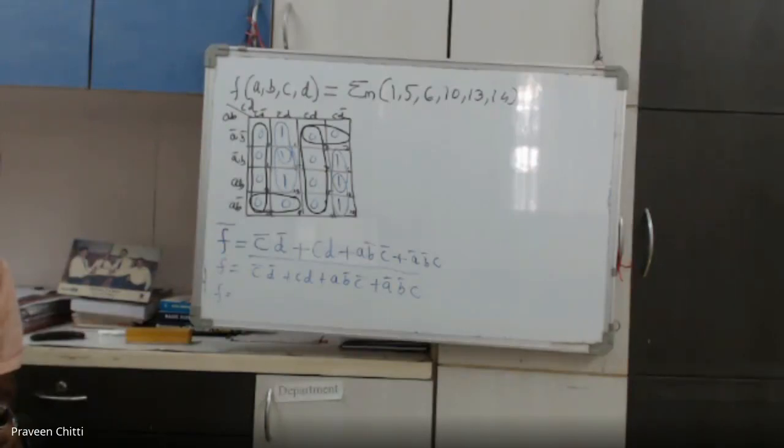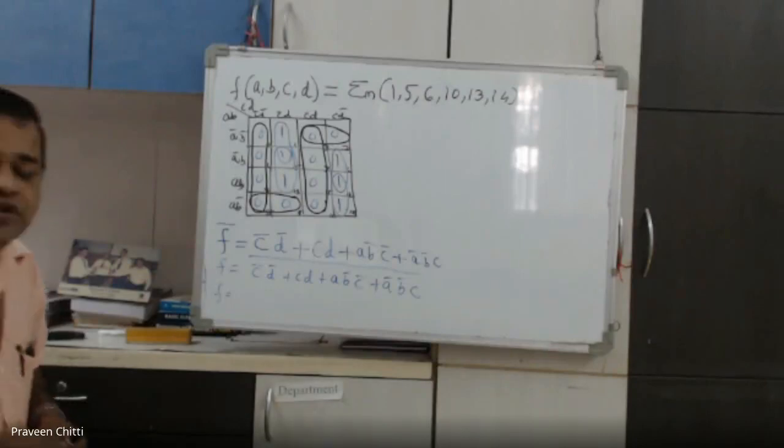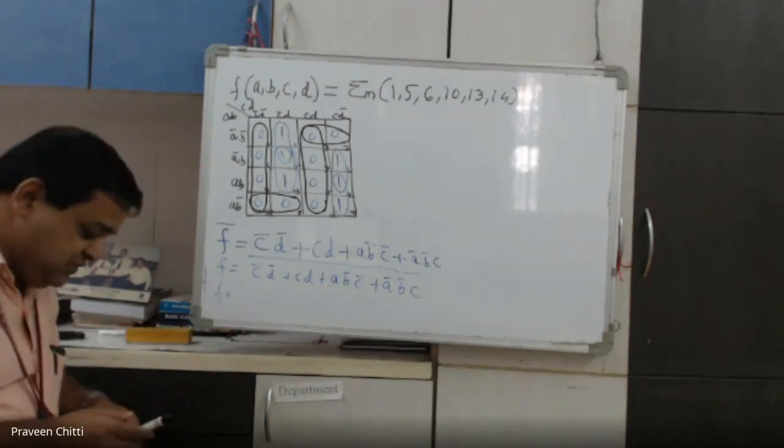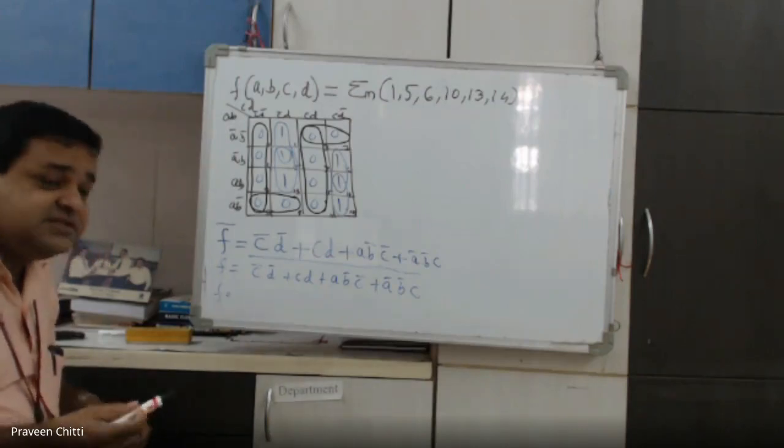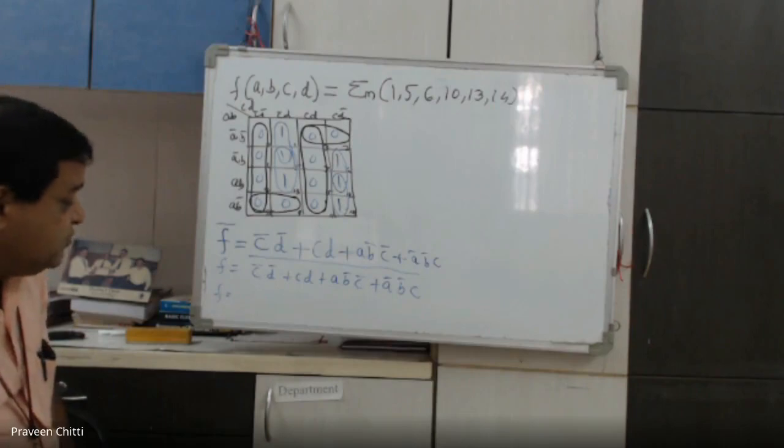Complement of a logical sum is the product of individual complements, or complement of a logical product is the sum of individual complements. That is De Morgan's theorem, and it plays a very important role here.